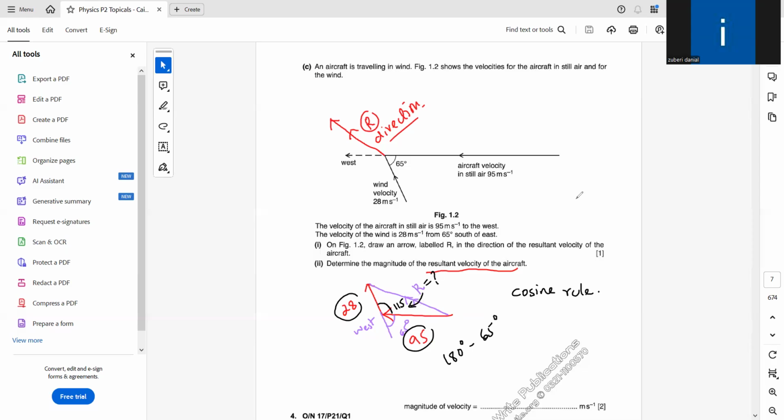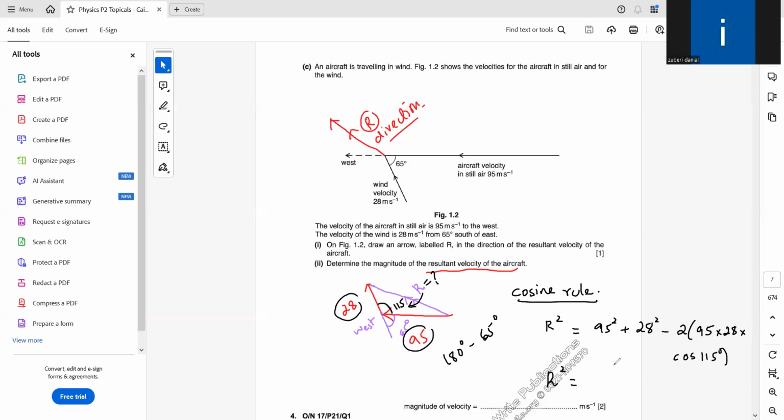So the cosine rule is basically R squared equals 95 squared plus 28 squared minus 2 times 95 times 28 times cos 115 degrees. Sadim, do you get this part, what I'm doing here? Yes. Okay, that's nice.